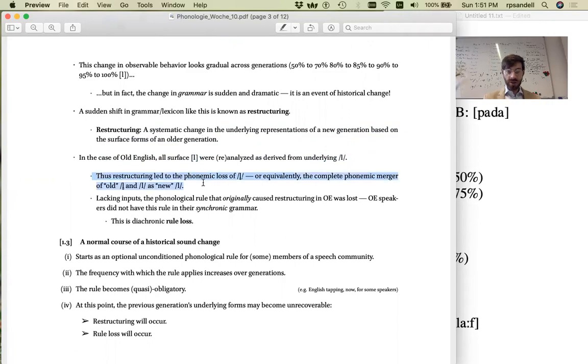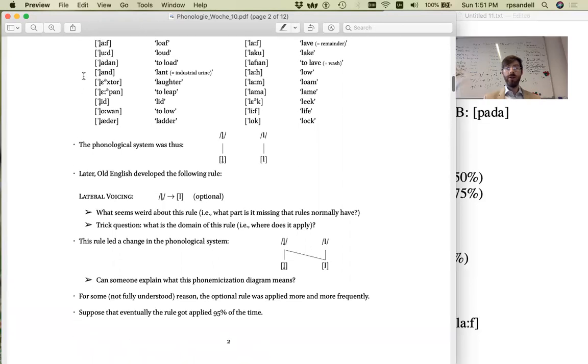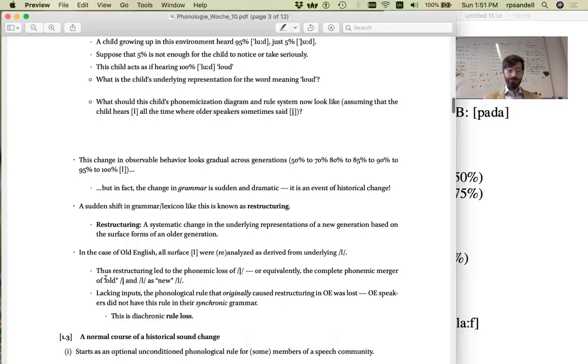And so the restructuring of the underlying representations of the individual lexemes, the restructuring of all of these items to have an underlying voiced lateral approximant, so to have lud rather than hlud with voiceless lateral approximants, means that there would be a phonemic loss, a loss of the phoneme of the voiceless lateral approximant. Or sometimes another term that you may find used would be the merger of the two phonemes.